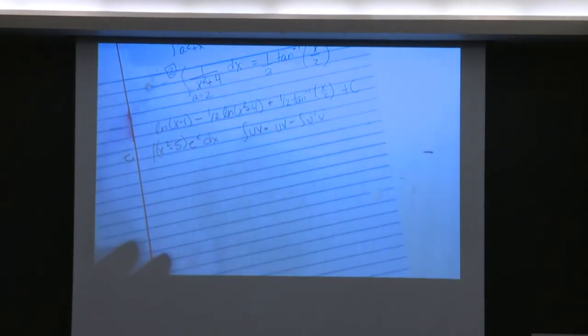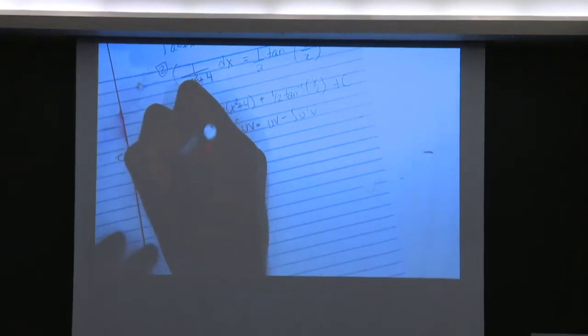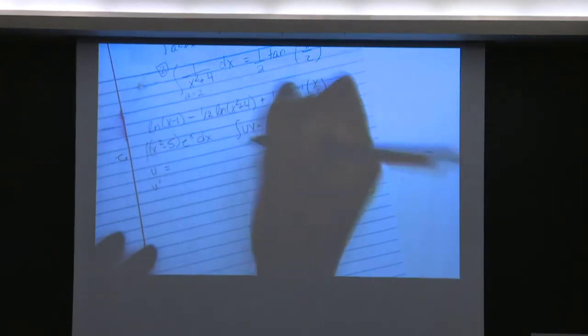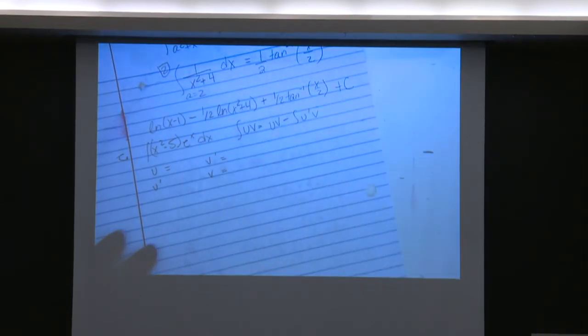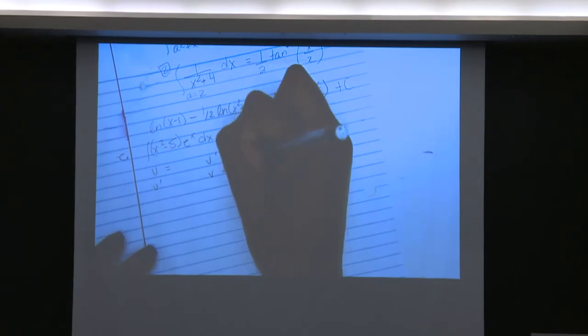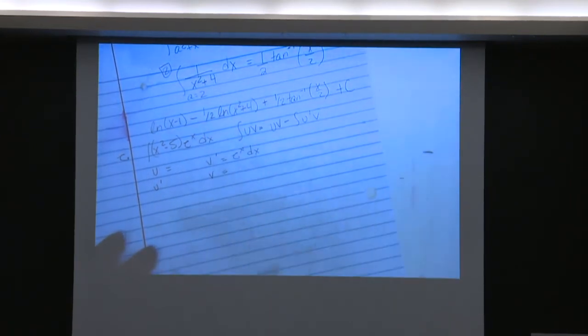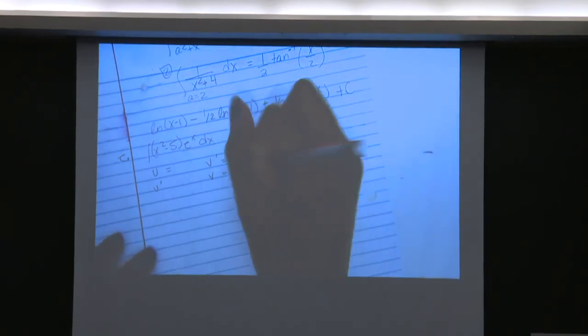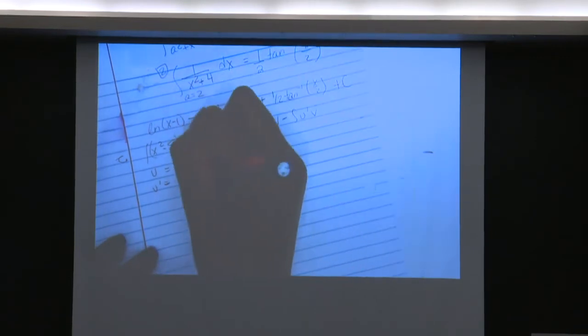So the easiest one I would want to use for v prime, this is how you write it, just for ease, is e to the x dx, because like I said, the integral or derivative of e to the x is always e to the x. And it's a lot easier to take the derivative of x squared minus 5 compared to the integral of x squared minus 5.